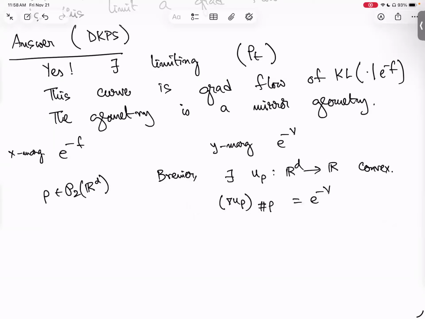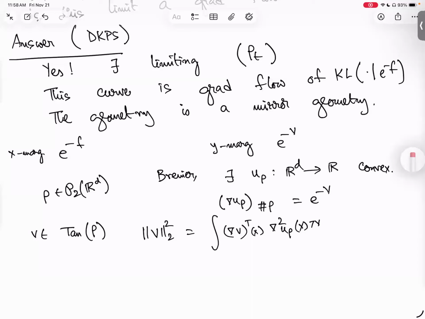That will exist due to Brenier's theorem. Now at rho, I'm going to define my metric tensor by the Hessian of this u_rho. So v is in my tangent space of rho. You have to define the tangent space suitably, where I'm going to define the norm squared of v to be the integral of gradient of v transpose of x, Hessian of u_rho of x, then gradient of v, so not v itself, just gradient of v of x, rho x dx.